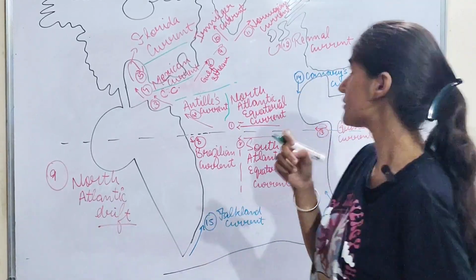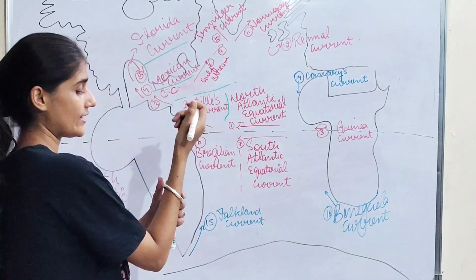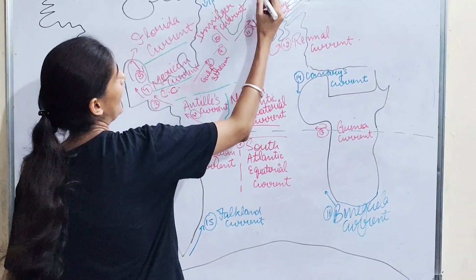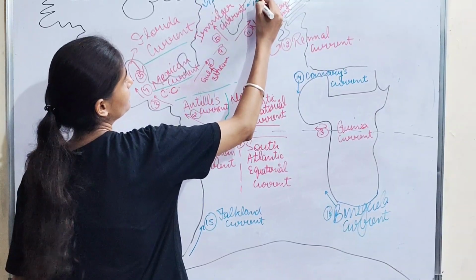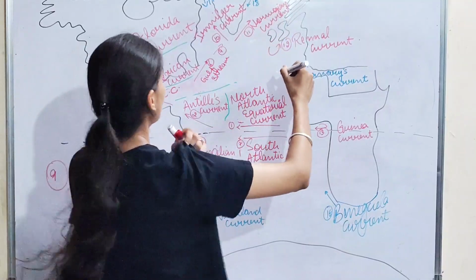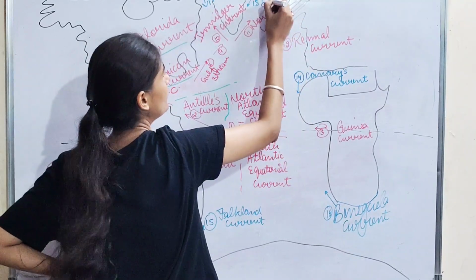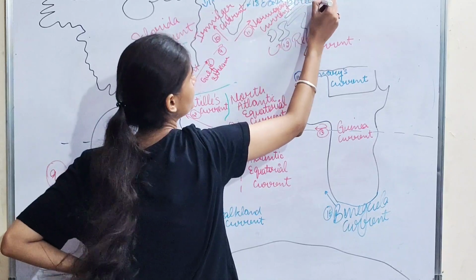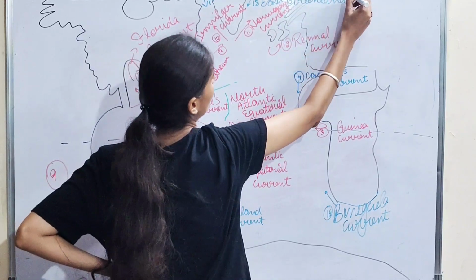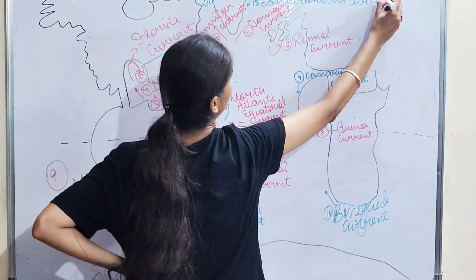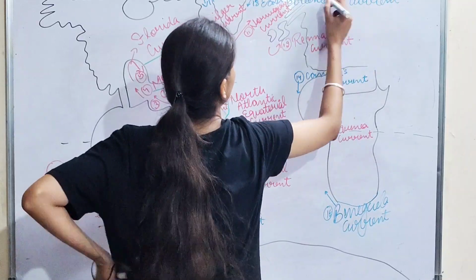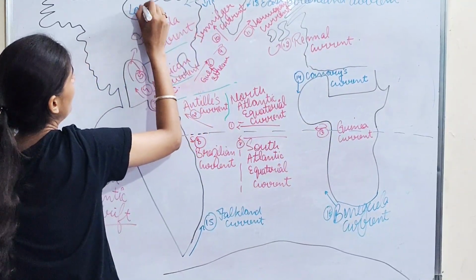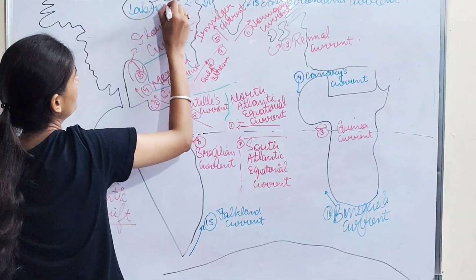Okay. Next we have 17. It comes from here. 17th and 18th. The 18th I can write here, East Greenland Current. And the 17th, I'm writing it here, Labrador Current.